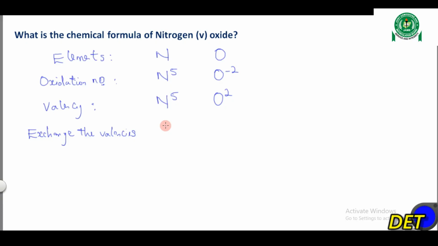So when you exchange valencies, what you're going to have is N2O5, right? So with this, I've exchanged the valencies. Then the next thing to do is to write them down, right? So this is N2O5. They are not multiple of each other. They are not factors of each other. So therefore, this is the chemical formula of nitrogen 5 oxide.